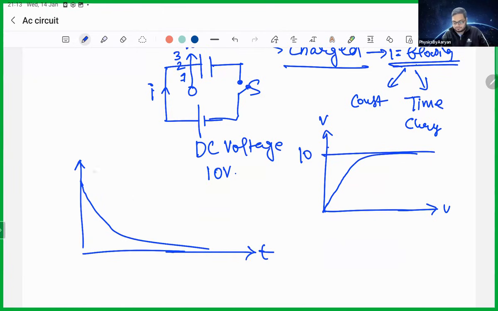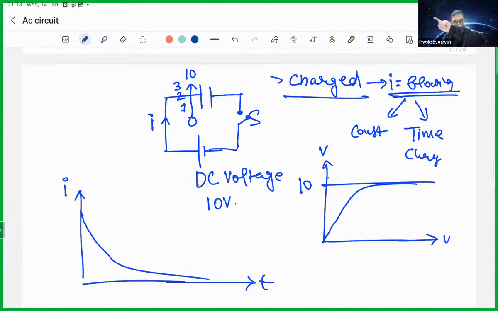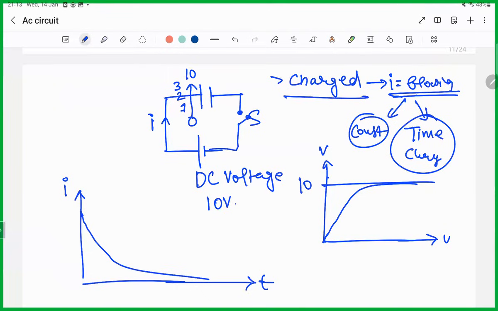So now you tell me, during charging, is the current constant or time changing? That's my question. Current is time changing.